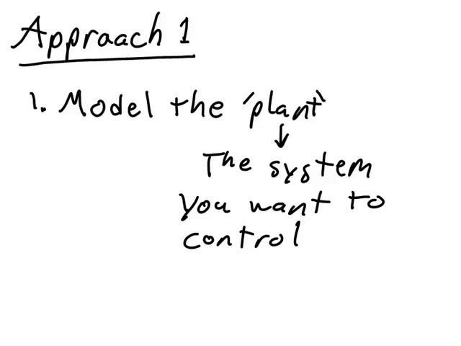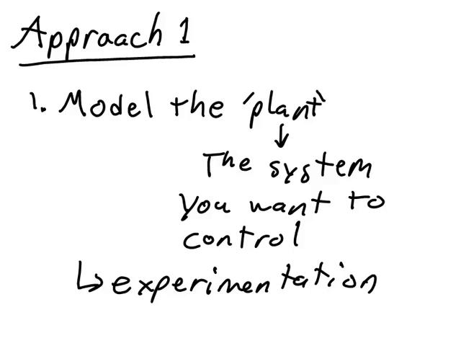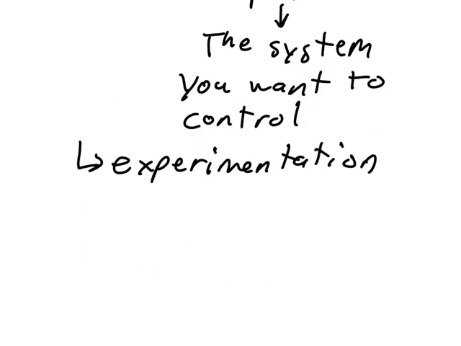Most of the time, the way you come up with this model of the plant is by doing an actual experiment. Most motion joints can be modeled with just a limited set of basic parameters. Most joints consist of three basic parameters. One parameter that describes the inertia of the joint.